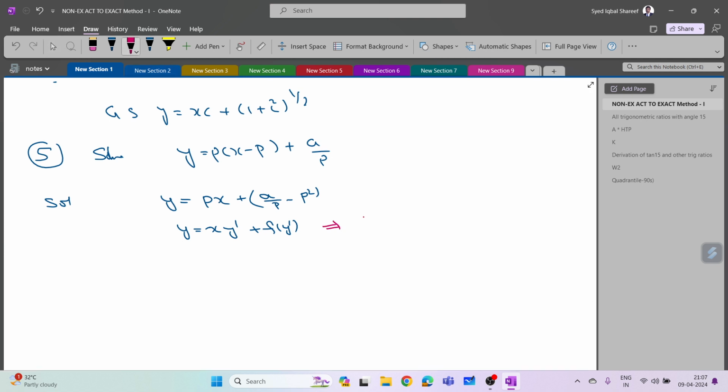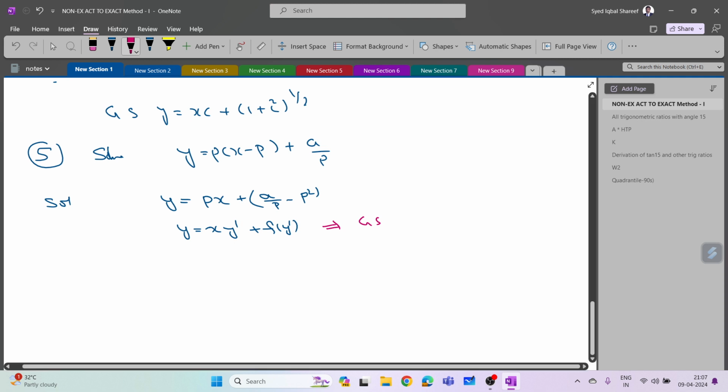Therefore, what is the general solution for the Clairaut's equation? y equal to xc plus f of c.